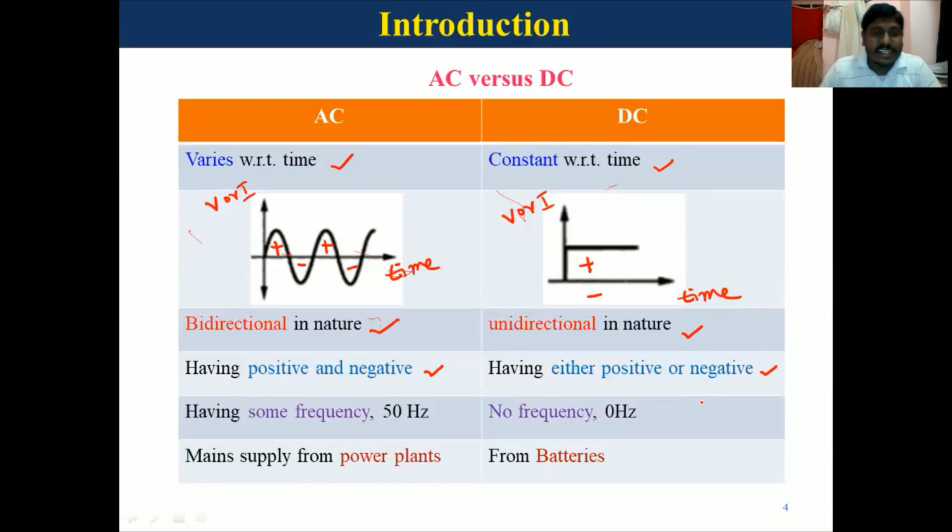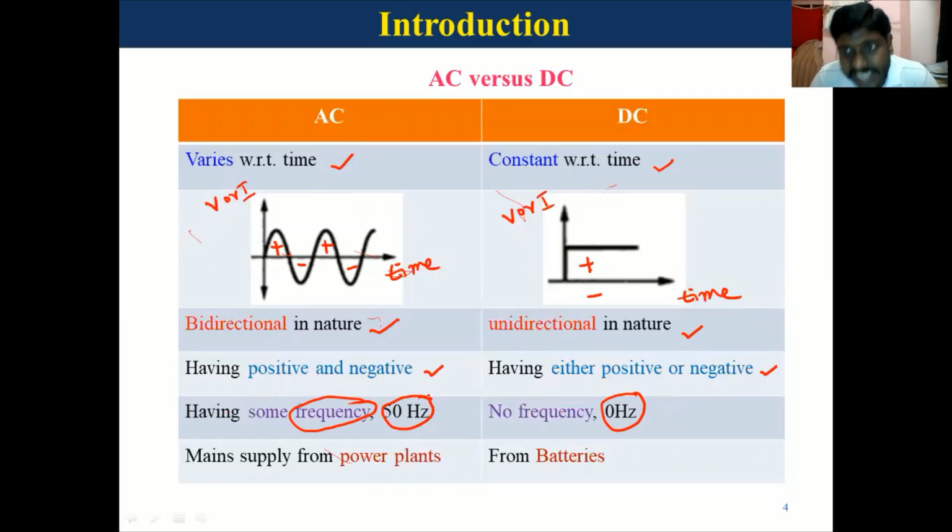AC continuously changes with respect to time, means definitely this AC has some frequency. Whereas on the other side, DC is constant with respect to time, means there is no frequency. So in general, our AC supply at our home has 50 Hz. Whereas for DC it is 0 Hz.